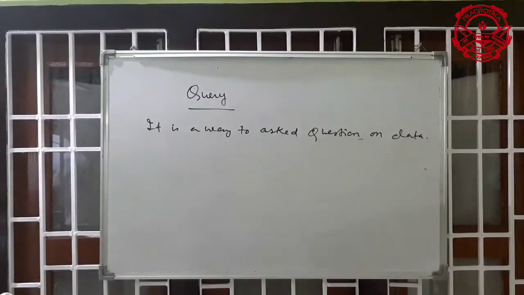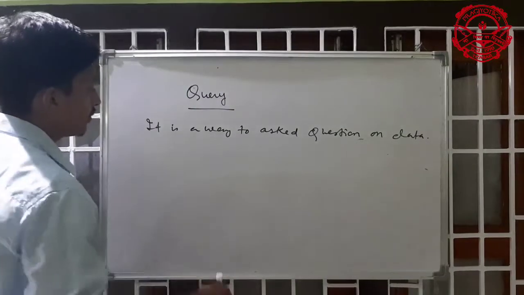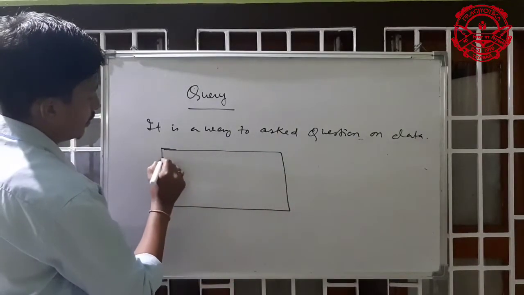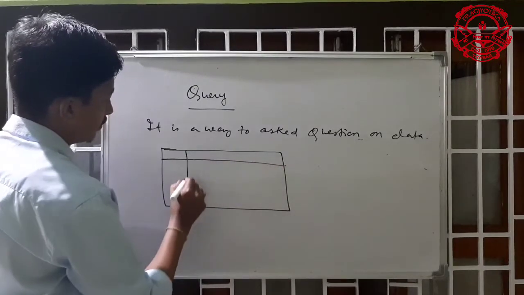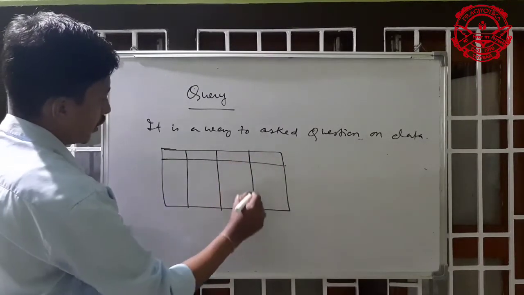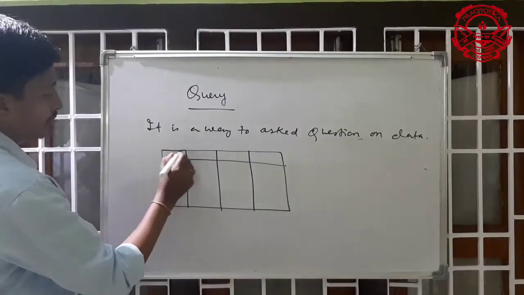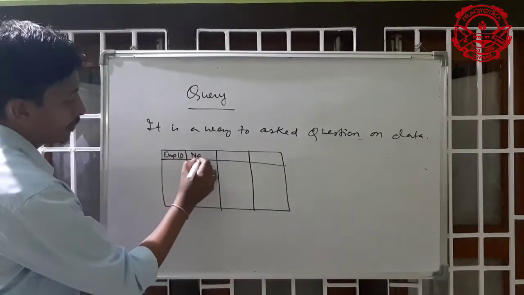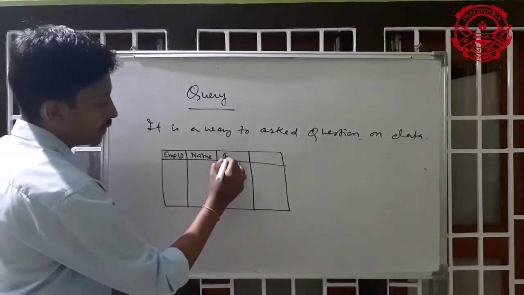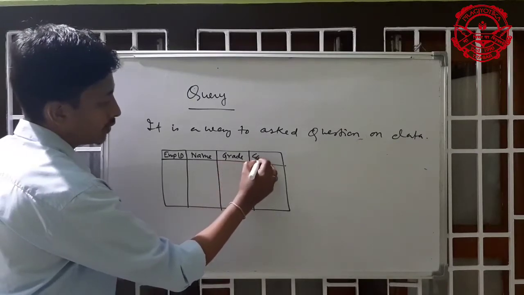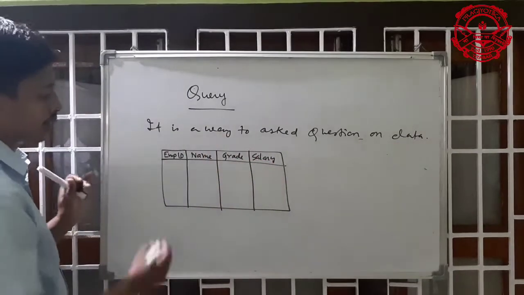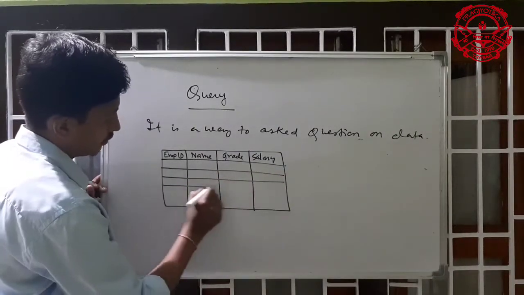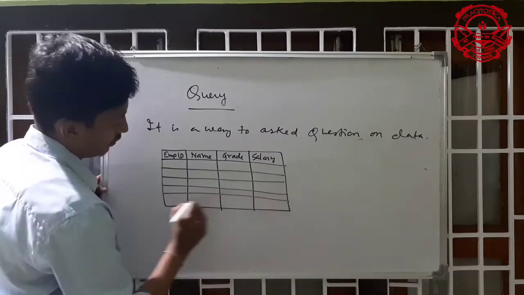For example, this is an employee table. Employee ID, name, grade and salary.